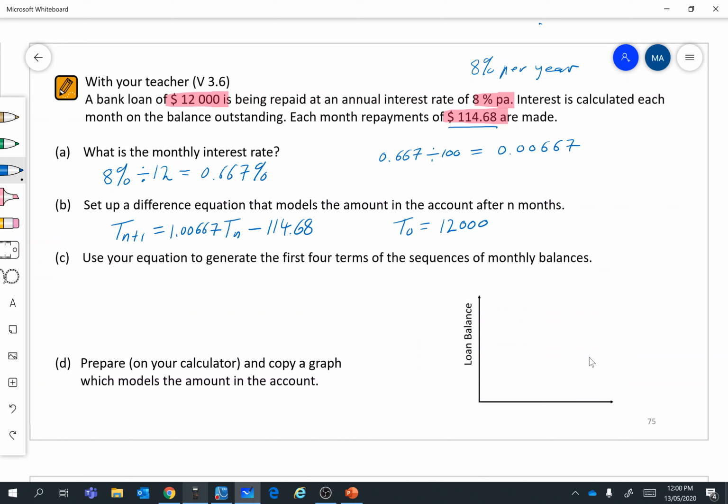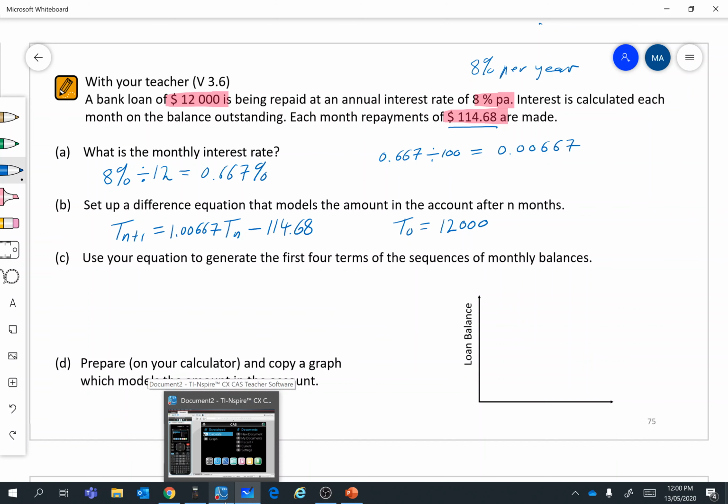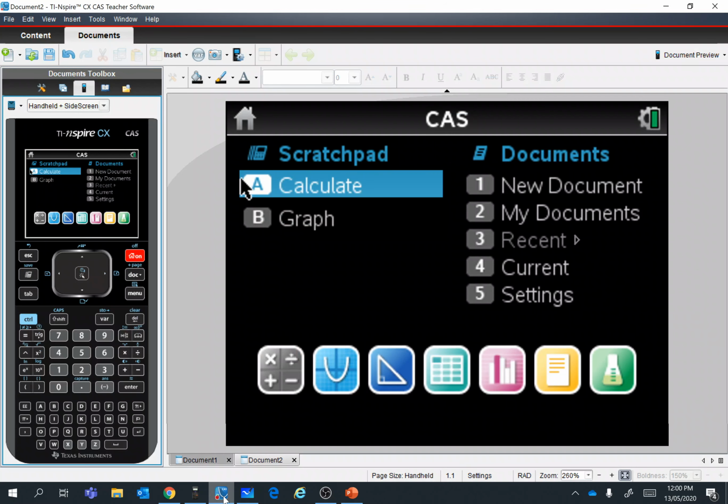Right, so we're asked to generate the first 4 terms of the sequence. We're going to go onto the calculator for this one, and we're kind of going to get ready for part D as well. We're going to do a bit of a graph at the same time. So let's get the calculator going, and we'll go into the green button there.